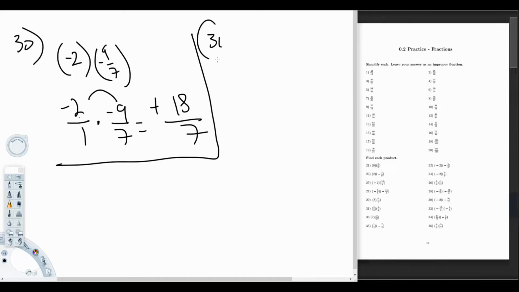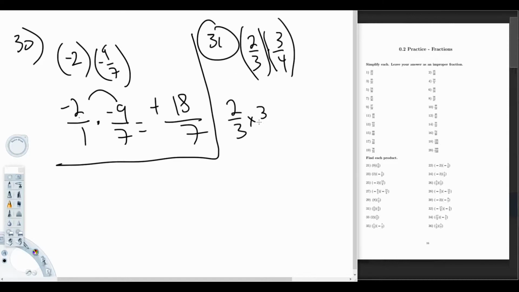31. So that's what they're saying here. Brackets. So 2 times 3 times 3 over 4. So 2 over 3 times 3 over 4. Now take a look at how sexy this is. Boom, look at these guys. You can eliminate these guys, right? And these ones you can divide by 2. So divide by 2, divide by 2.